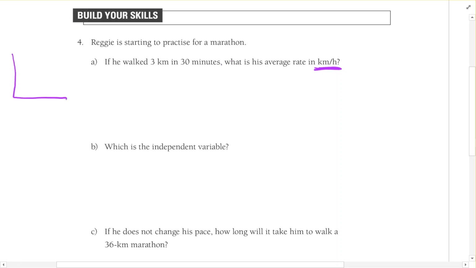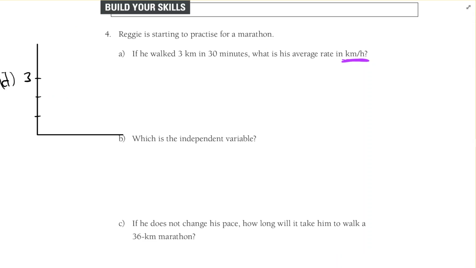Well, if we had a graph of this thing, like before. Okay, so here's a little graph here. And that'd be 2, and that'd be 1, that'd be 0. I've got distance going up the side here. And then I had my bottom. Well, would it be in minutes or would it be in hours? Well, my answer is going to be in kilometers per hour. So what I'd probably want to do is have this thing in hours.